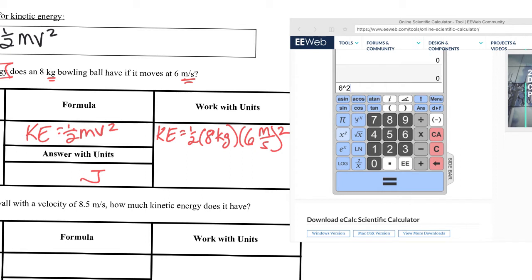Okay, 6 squared. I like to start at the right and then go backwards. Times 8. And then you might say, how do I do times 1/2? Well, times 1/2 you could do times 0.5. Okay, and that's 144. Let me show you a couple other ways of doing this in your calculator.